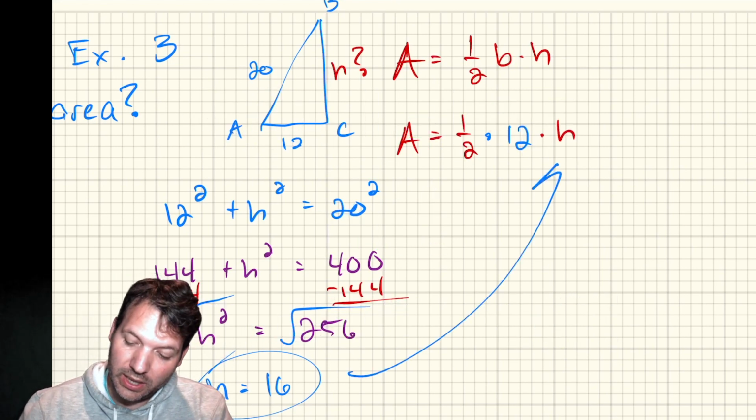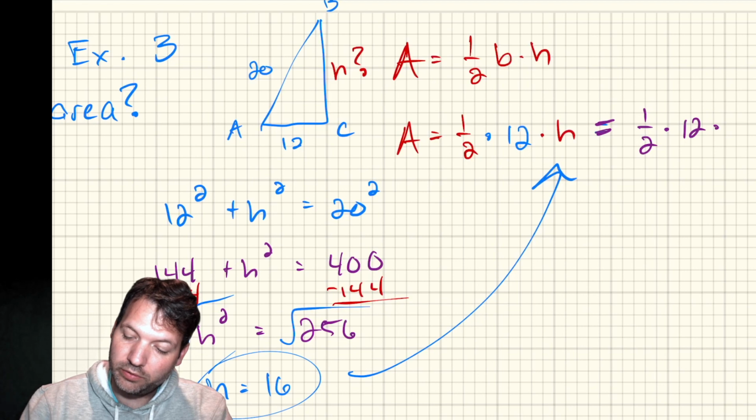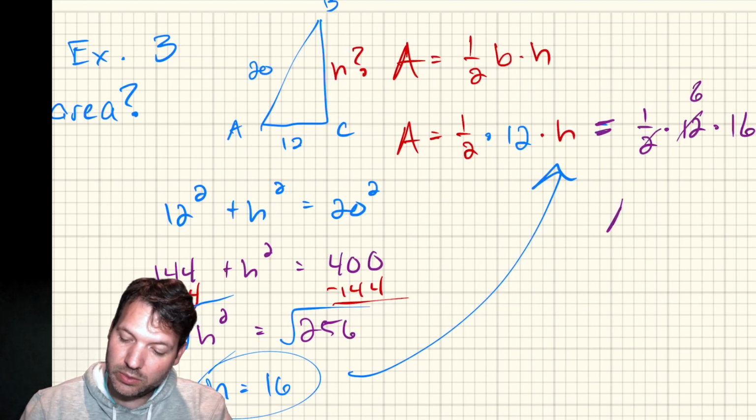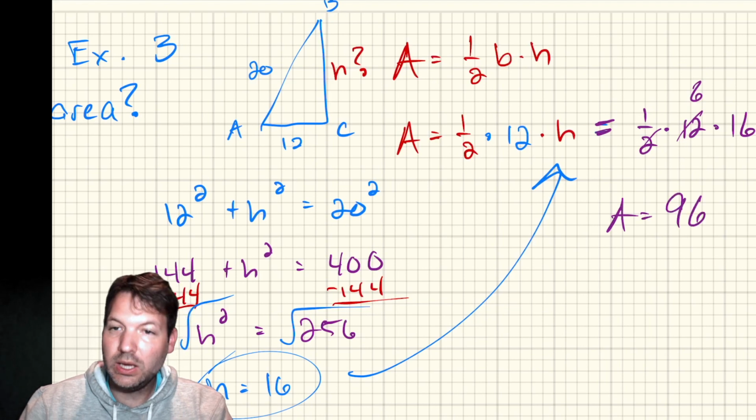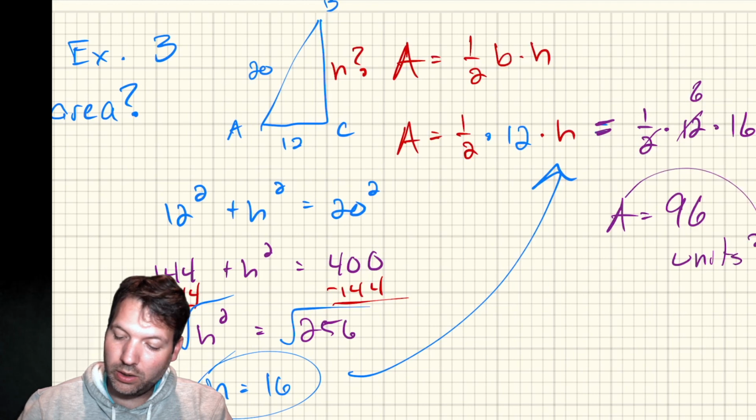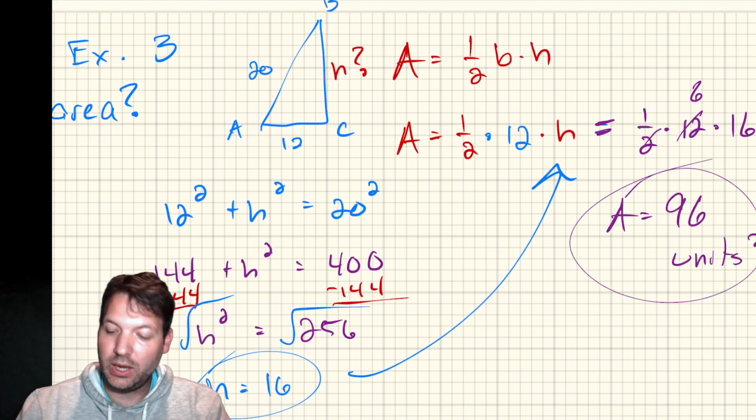And so we can take that back up here, and our area is going to be 1/2 times 12 times 16. 2 goes into 12 6 times. 6 times 16 is 96 units squared. And of course, that happens to be answer choice A.